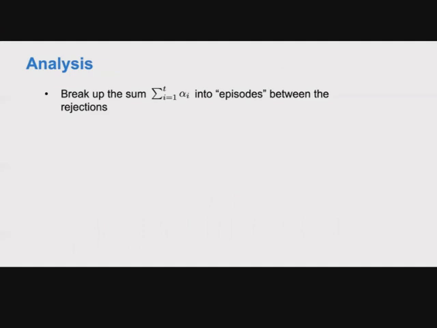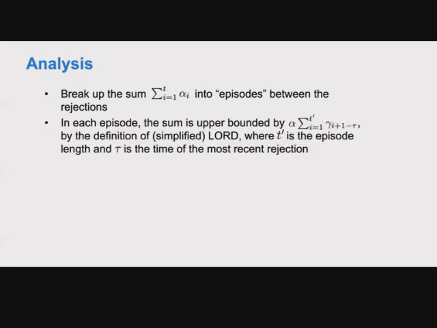Starting it up at alpha and then decaying away. Think of that as an episode. All right, and we're going to try to upper bound the sum over alpha i by breaking it into these episodes. Okay, so now in each one of those episodes, I just have a decaying sequence. It starts at alpha, and then it goes to alpha over 2, alpha over 4, alpha over 8. So I just wrote that out mathy.